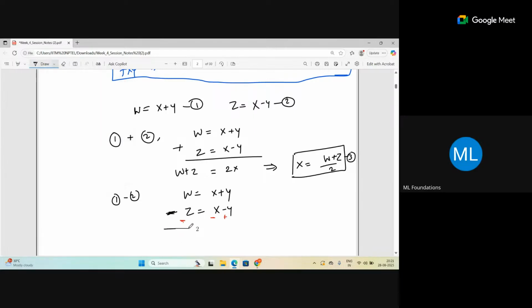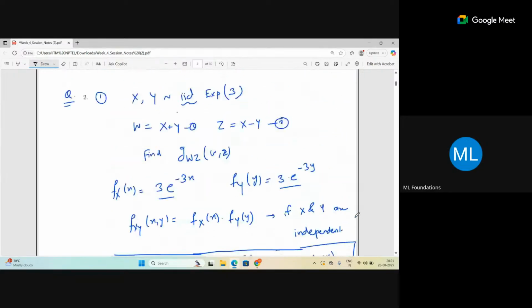Then I get w minus z equal to 2y, as x gets cancelled. From there I get y equal to (w minus z) by 2. This is equation number 4.